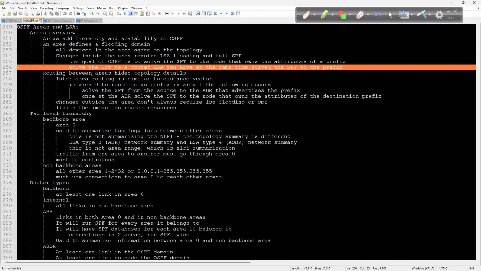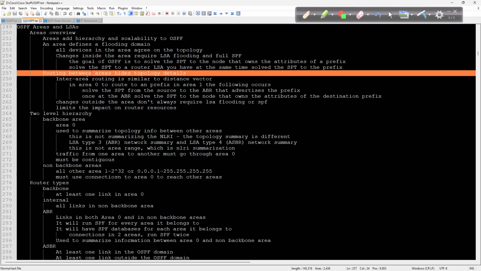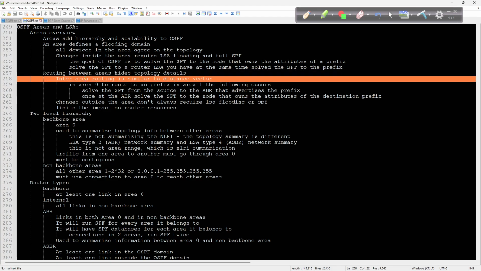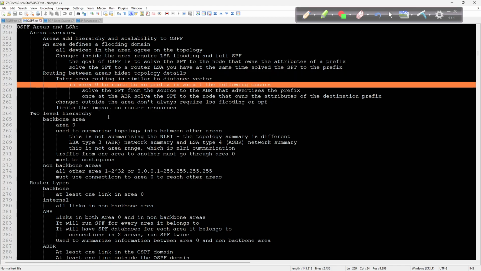All right. So routing between areas hides topology details. And when we get into inter-area routing, which will be coming up here very shortly, inter-area routing is similar to distance vector. So the idea here is in area 0 to route to a prefix in area 1, I have to do a couple of different things.